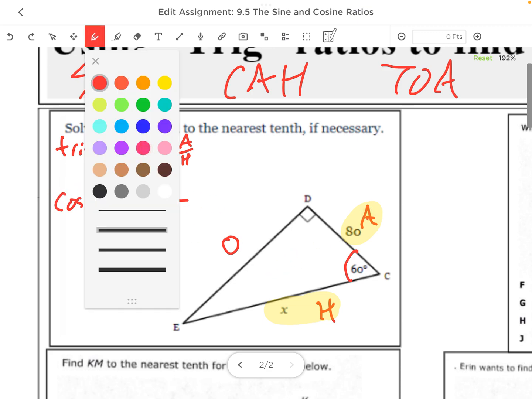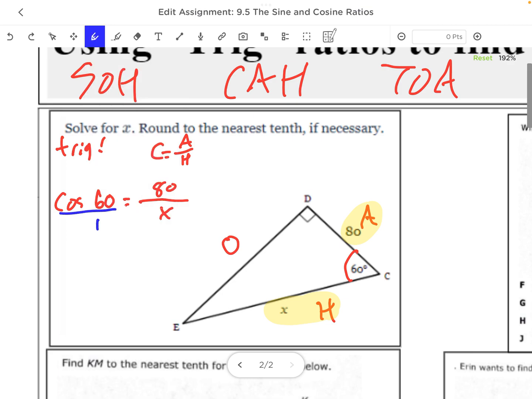Now let's cross multiply. We know we're going to put that over 1. Remember, cosine 60 times x, we're going to put the x first, so x cosine 60. Make sure it says cosine 60 with x in front. Now, 80 times 1 is just 80.